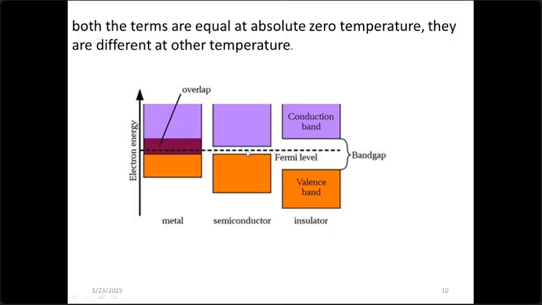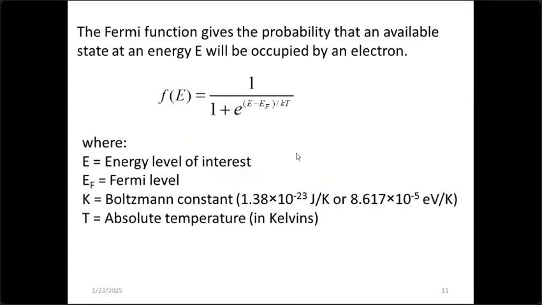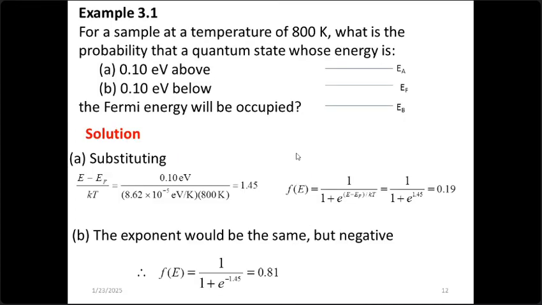As that student has read, we are given that the sample is at temperature 800 Kelvin. The question is, what is the probability that a quantum state within that sample, if it has energy 0.10 electron volt above or 0.10 electron volt below the Fermi energy, is occupied?